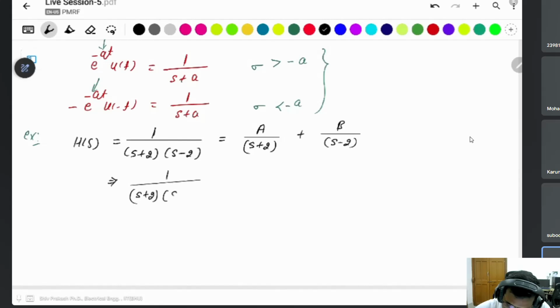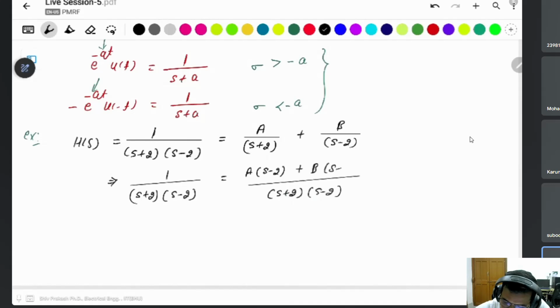S plus 2, s minus 2. Take the LCM of these two. It will be the same thing, s plus 2, s minus 2. To solve this question, you have to find the LCM and then divide by the LCM and multiply. Then in the numerator, a multiplied by s minus 2 plus b multiplied by s plus 2.